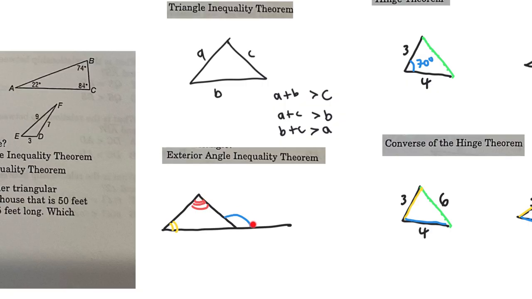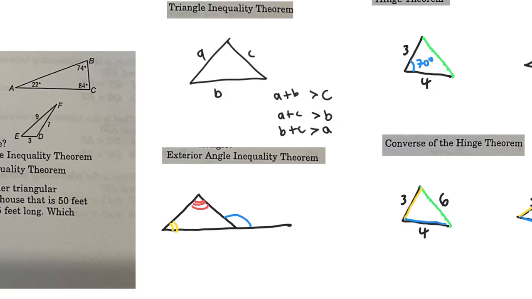We also know that this blue angle that's on the outside of the triangle, leaning up against the triangle, has to be larger than this far away angle also.